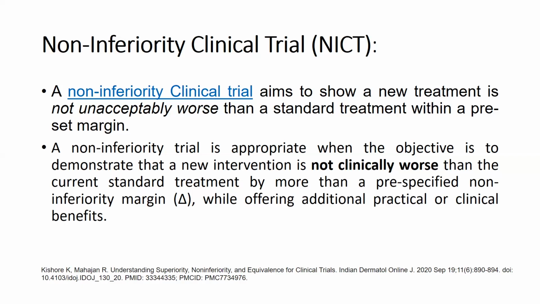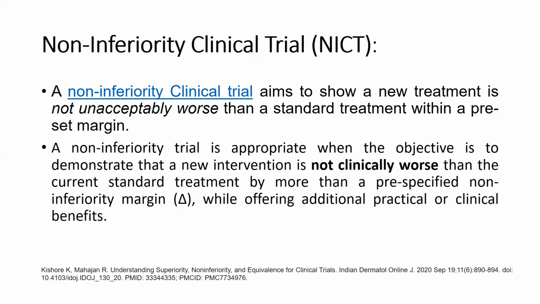A non-inferiority trial is appropriate when the objective of our trial is to demonstrate that new treatment is not clinically worse than the current standard treatment by more than a pre-specified non-inferiority margin. In the case of superiority margin, we have to predefine superiority margin.